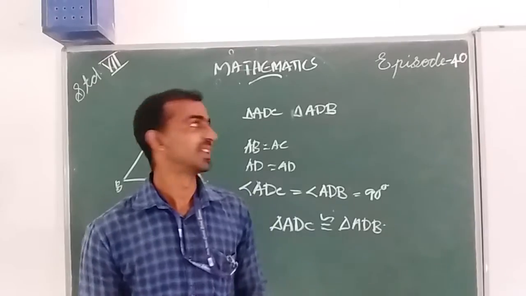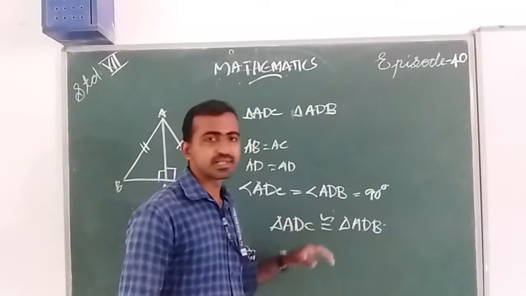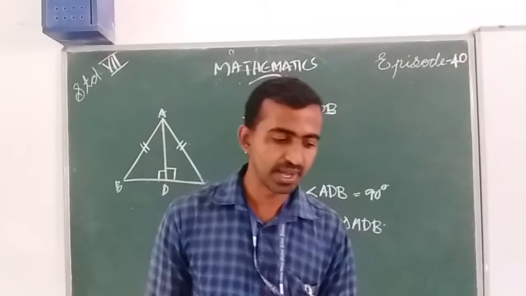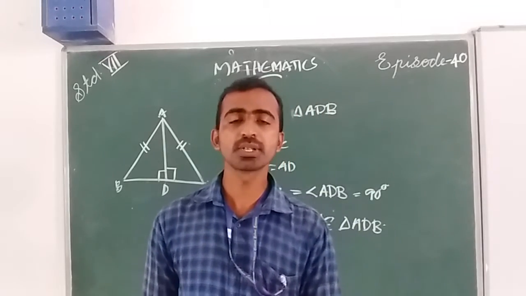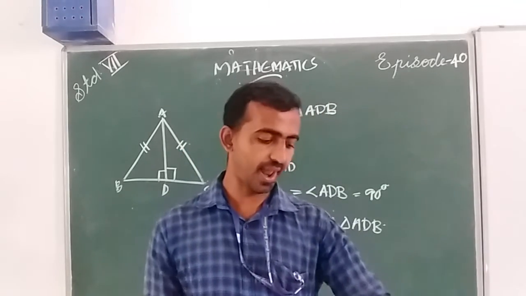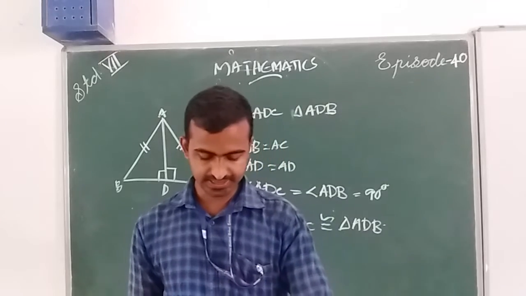These triangles are congruent by the RHS congruent criteria, the right angle triangle criteria. So we can say that it is congruent.